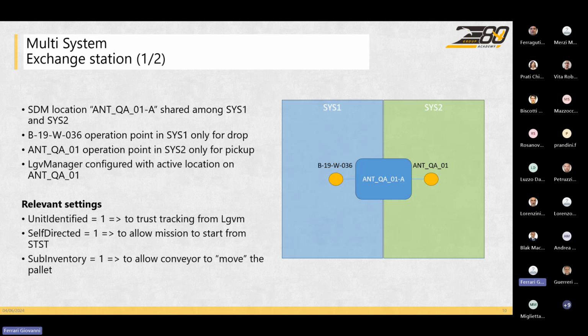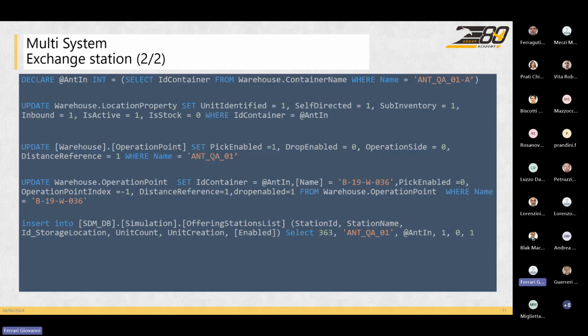We need to have something that physically makes a separation here. So in this scenario, for example, if we imagine Red Bull with layer picking, we can imagine a conveyor. We make a drop on one side, then the pallet is moved, then an active location on the right side notifies that the pallet is available and we can pick.